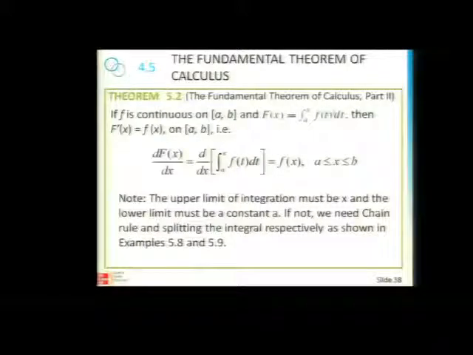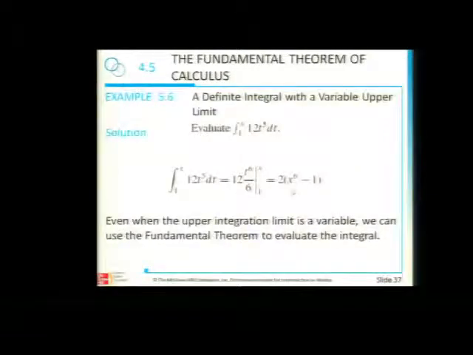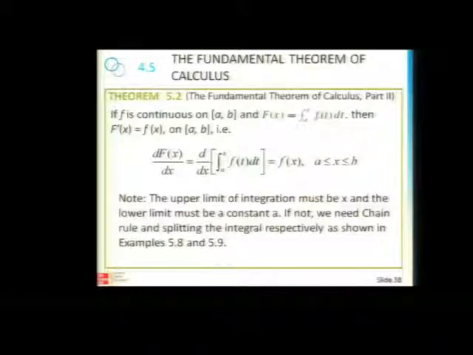Then, of course, imagine if you can evaluate this integral from a constant a to a variable limit of integration, just like the last example, the result will be a function of x. You see a function of x. When you integrate from a constant to a variable x, the result will be a function of x, isn't it? Same thing here. So integration of this f(t) with respect to t from a to x will give you a function of x, which is big F(x).